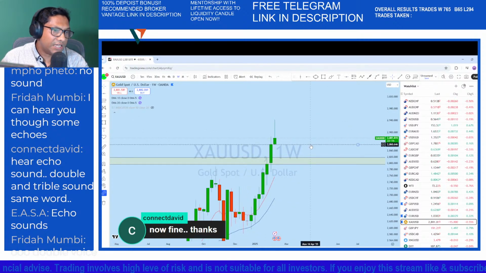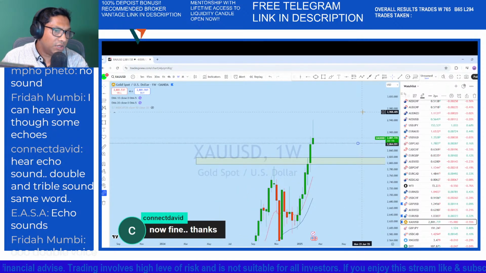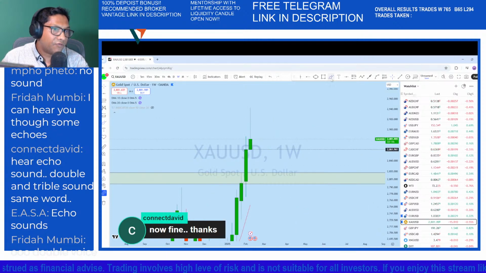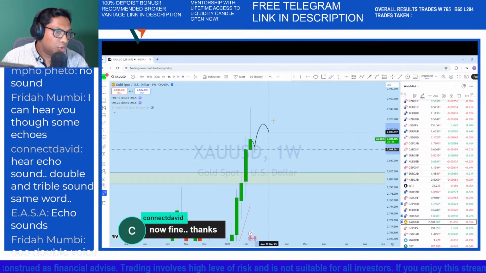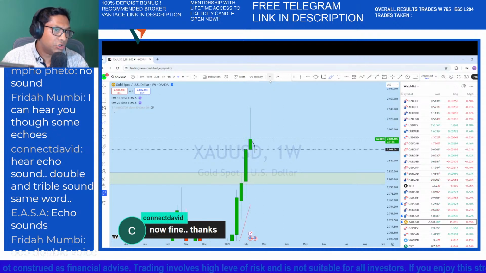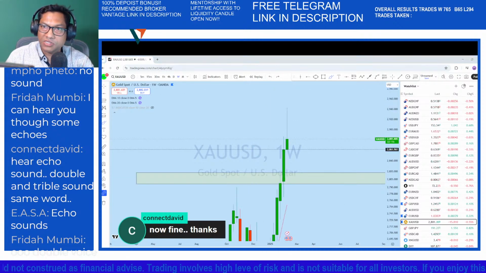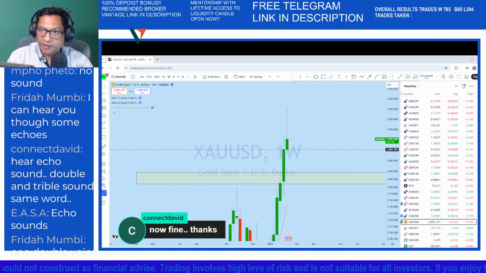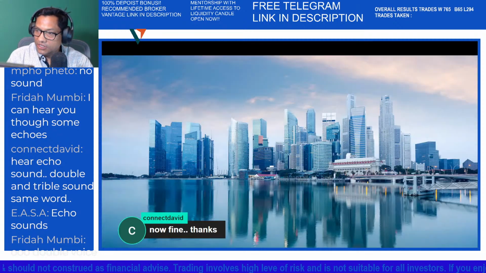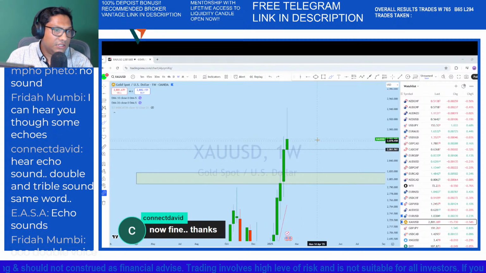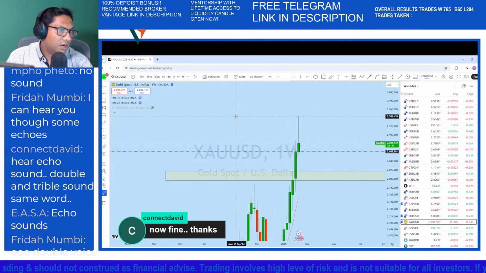So this is an important level of support here, a pretty important level of support. And from that support, after a retest, you could see XAUUSD potentially bouncing back to the upside to create a new high. So let's look at what kind of trading opportunity we have in that situation.